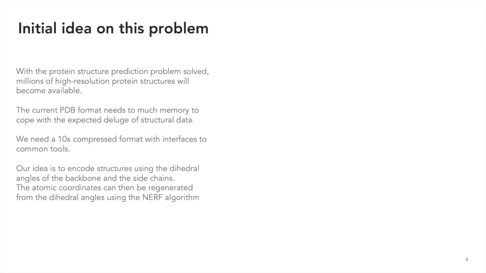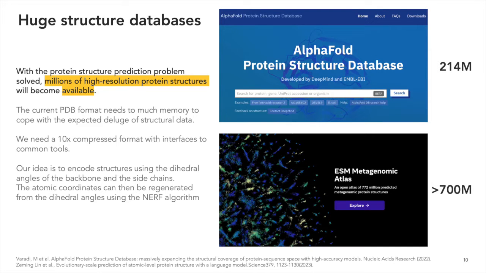Our team came up with an idea to tackle this problem. We expected that we will have multiple databases of millions of structures. We now have the AlphaFold database, and also the ESM metagenomic atlas, which is even bigger than the AFDB with 700 million entries.